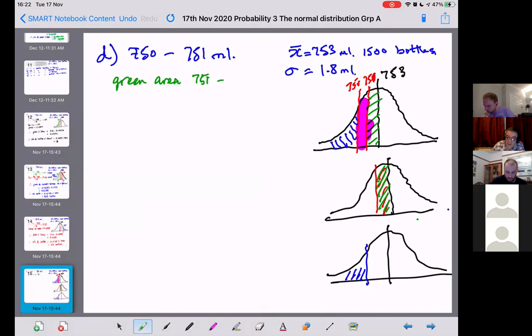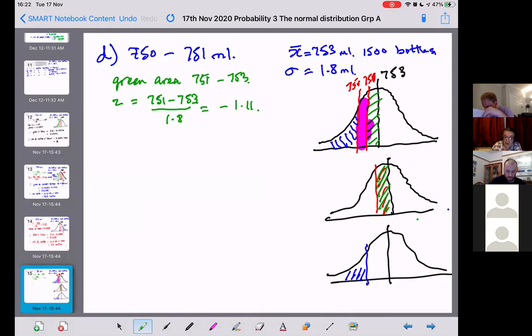The area between 751 and 753. Z is 751 minus 753 over 1.8 equals. Actually, we've done that one before. It's minus 1.11.